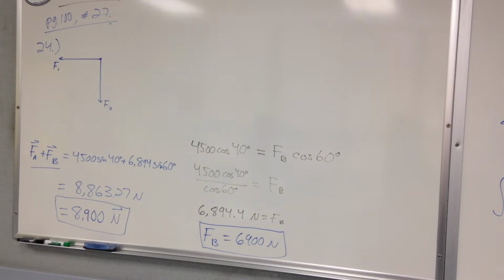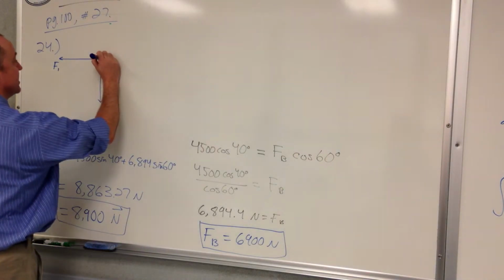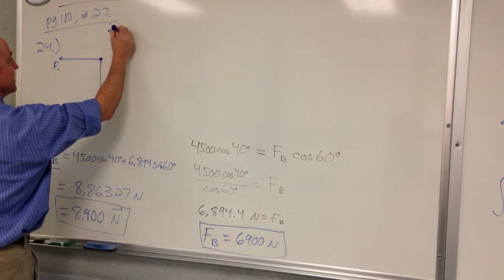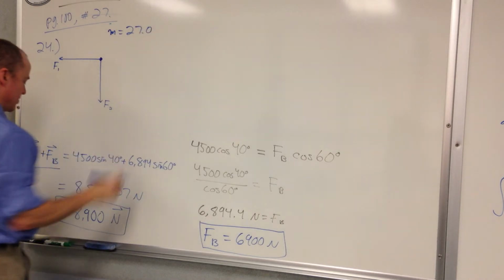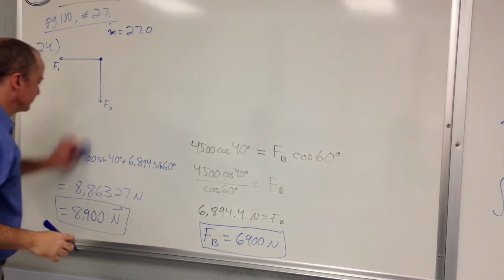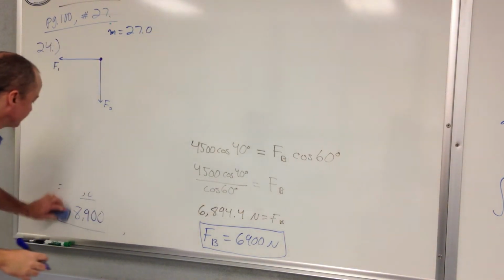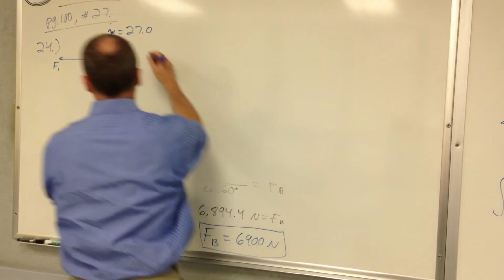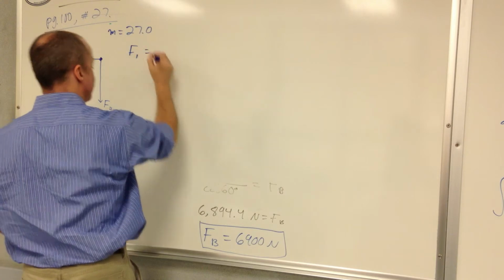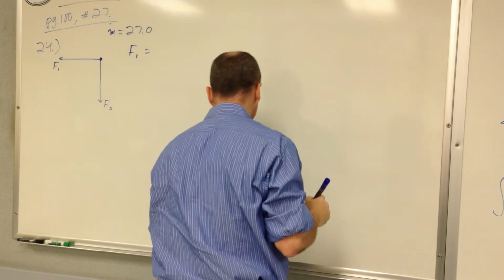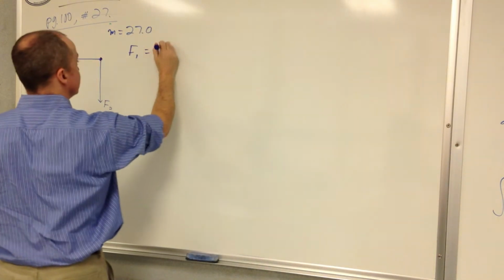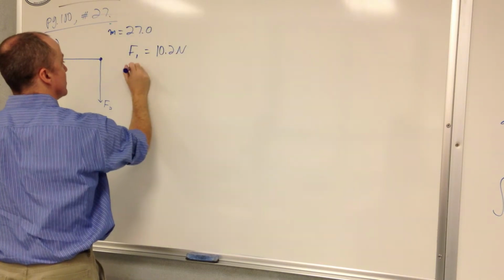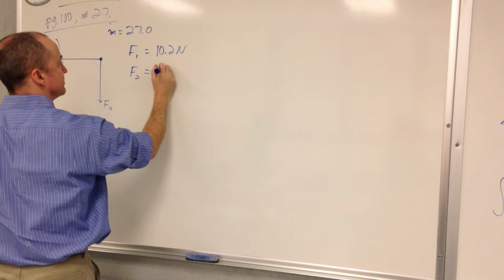They give the mass of a 27.0 kilogram object, right? And how big do they say F sub 1 is? 10.2 newtons, and what's F sub 2? 16.0.